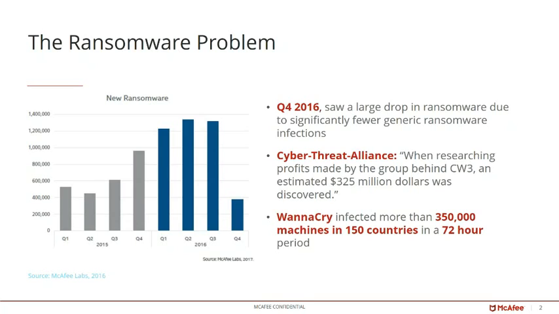Now there's kind of an interesting anomaly in the numbers here, and the latest numbers that we have are from Q4. Actually, we're due to release the Q1 numbers any day now. But those latest numbers actually show a marked decline in ransomware. And I've spoken to a number of people since these numbers were released about 3 months ago that saw them and kind of made an assumption that perhaps we're past the worst of the problem.